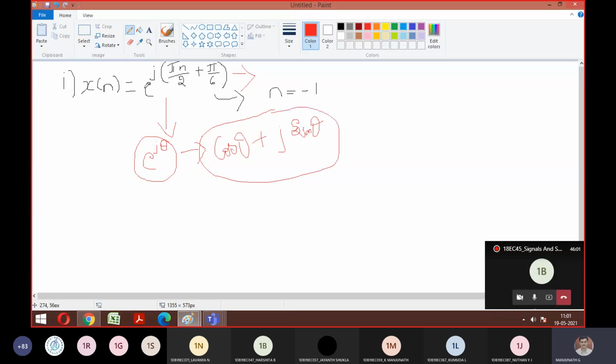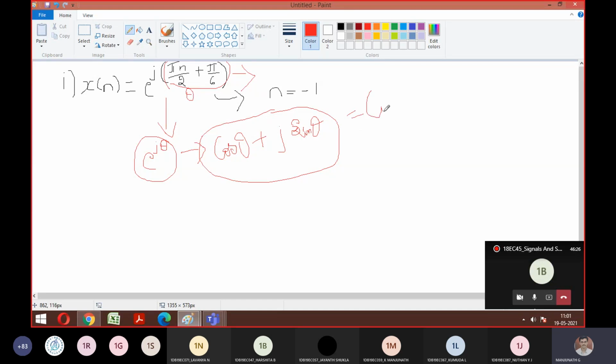So always remember, whenever you get e power j without any multiplication with an elementary signal, simply convert it to cos theta plus j sin theta. So what is theta? This complete value is theta, yes?